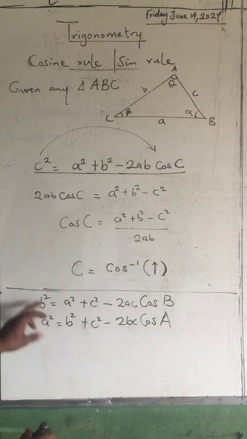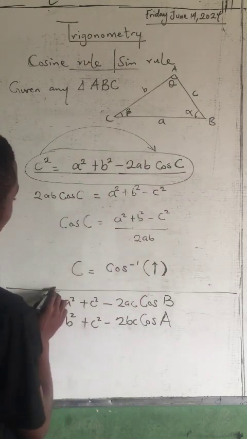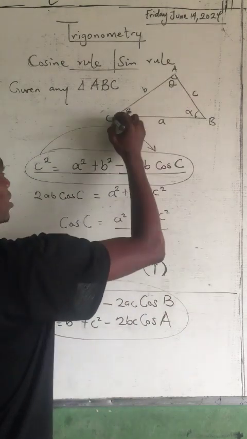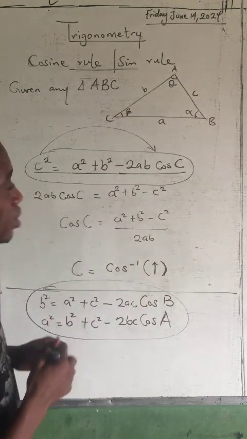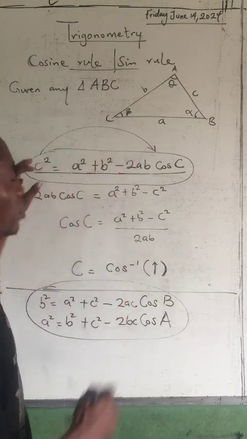So that's that. This one is to find any side. If you have to find any side, that's what you use this one for. So it's easier for you.